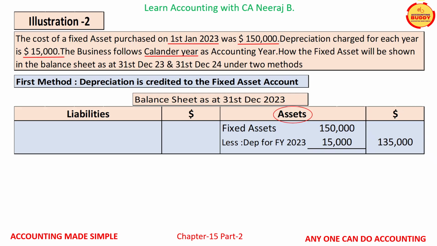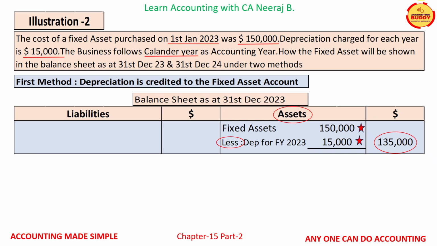Value of the fixed asset as on 31st December 23 is $150,000 and the depreciation for the year amounting to $15,000 when deducted from the asset value, written down value or the net value of the assets $135,000 as on 31st December 23 will be shown as displayed on your screens.